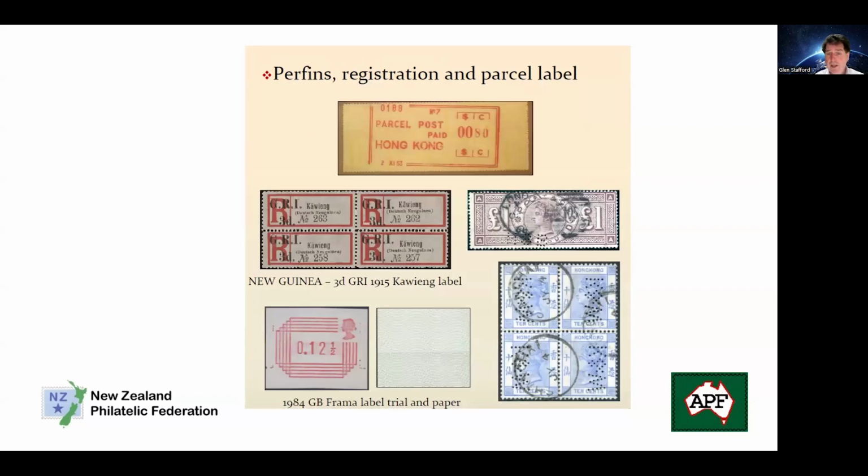Perfins, which are holes punched in stamps for various reasons, either government departments like official service, or private departments like department stores, who use perfins as a form of guarding against theft, are interesting. Registration labels and parcel labels can also be used in a traditional exhibit. As you can see down the bottom, there are farmer labels as well, which was popular in Australia for a while.